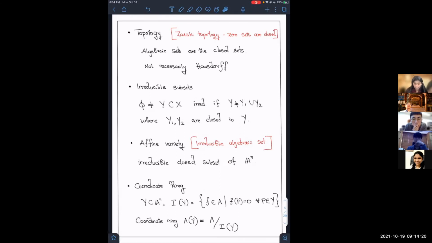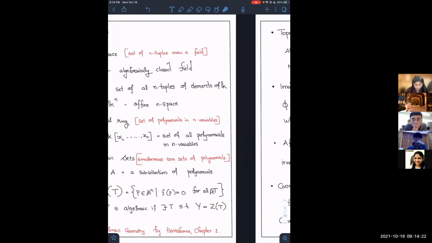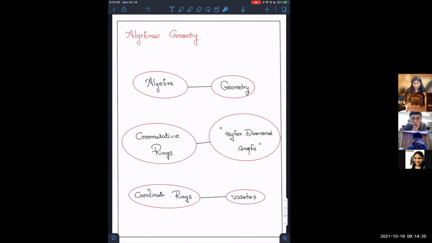So let's go back once to here. I mentioned here that we are looking at graphs, or we are looking at the zero set of polynomials, right? So if the varieties are zero sets of polynomials, when we go to the polynomial ring, what is one natural condition that we would want?